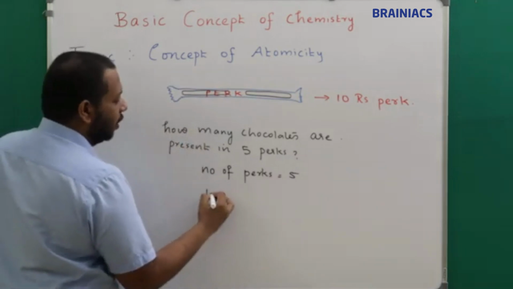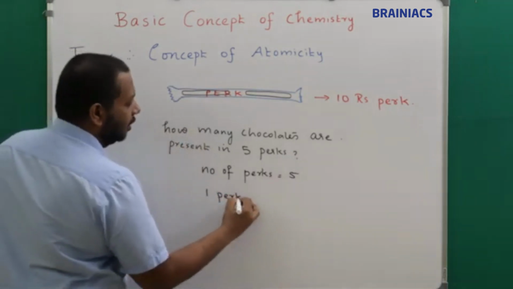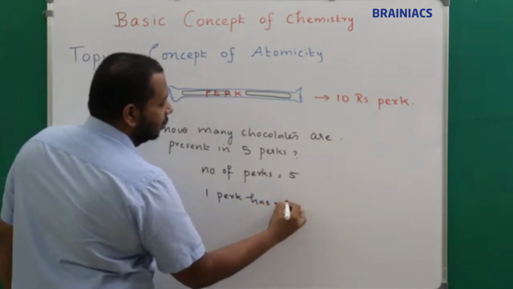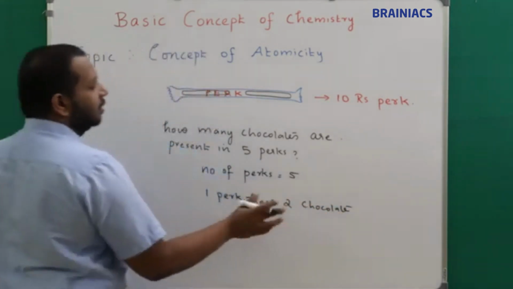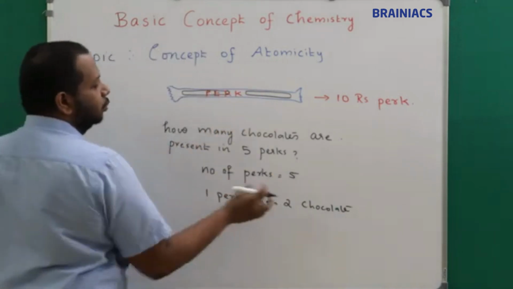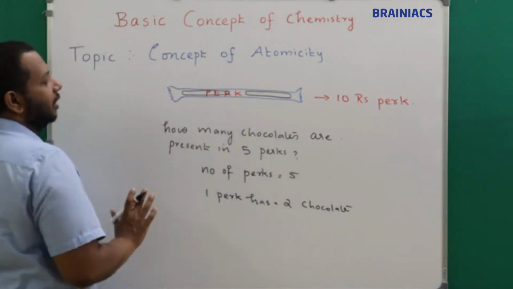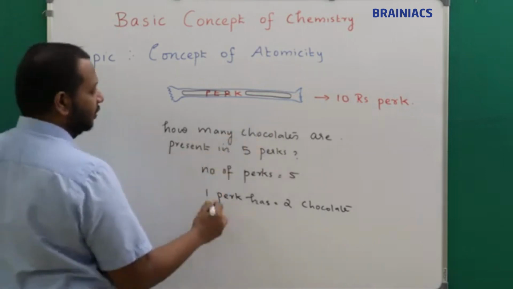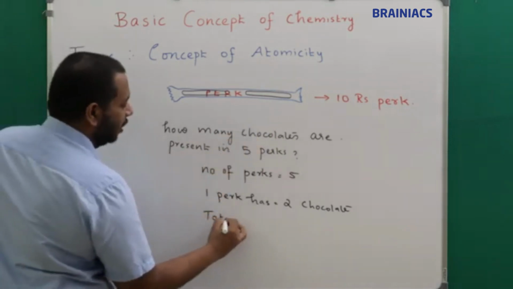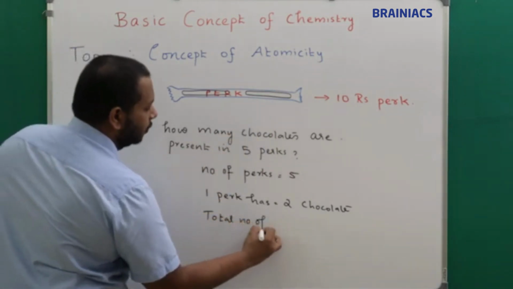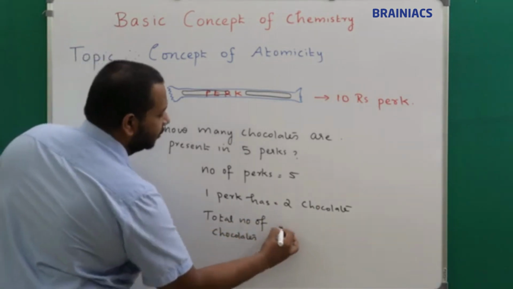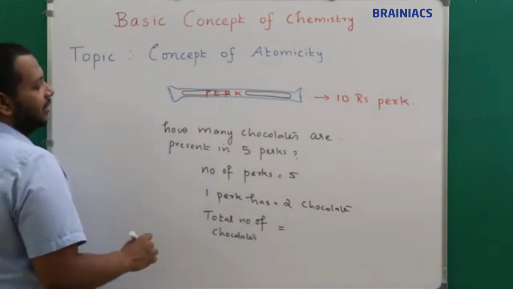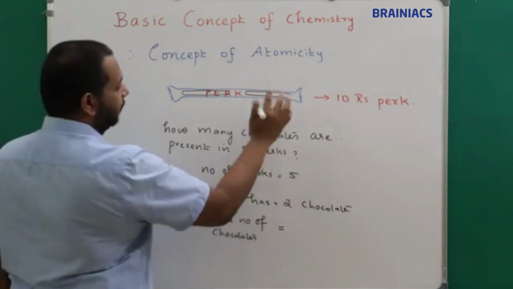I can say one Perk has 2 chocolates. So that means the atomicity of the Perk is 2. Now tell me how many chocolates are there in total? So the total number of chocolates, how can you calculate? You tell me. How to calculate? I know how many Perks there are? 5.